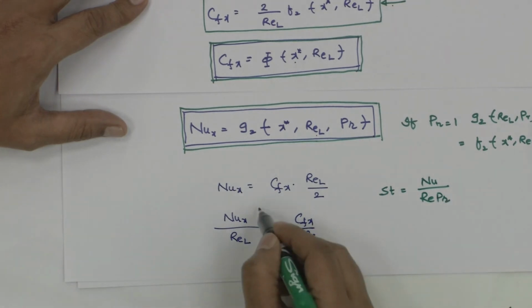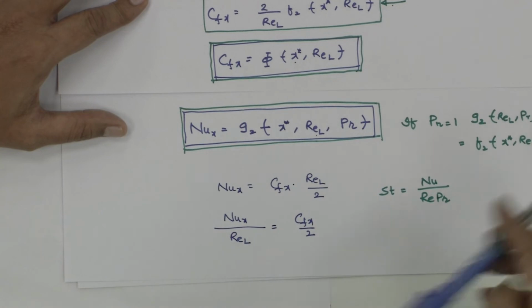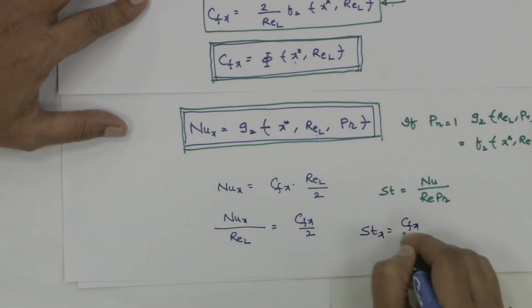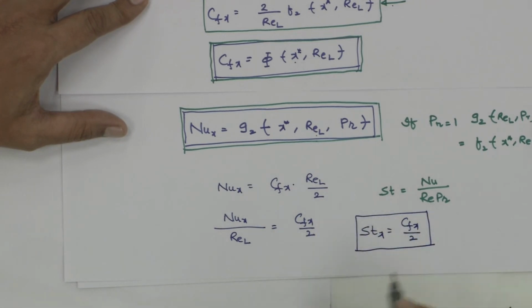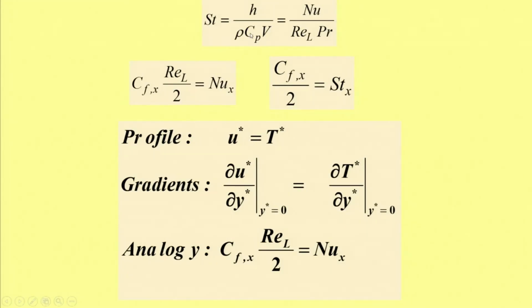Here this can be considered as Stanton number because Pr I have taken as 1. So I get Stanton number St_x equal to Cfx by 2.